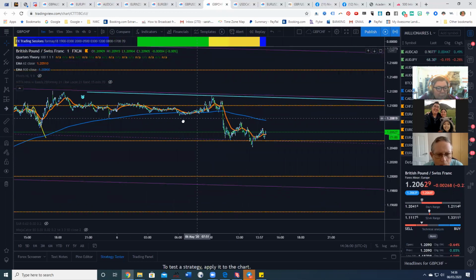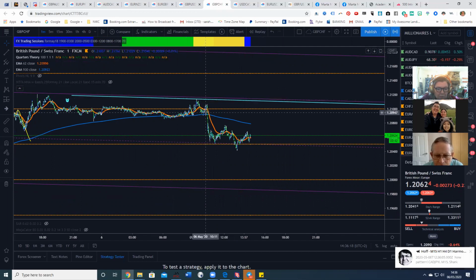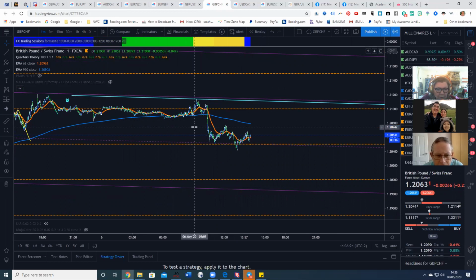So, okay, there was a nice little setup here. I can't remember if I had that one marked up from this morning. It wasn't the one that I got in anyway. So there's a nice little setup here because you had the rejection off the pitchfork and under quarter theory, and a rejection under quarter theory there.